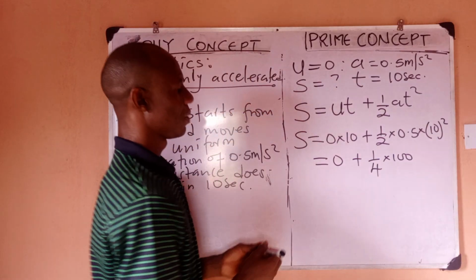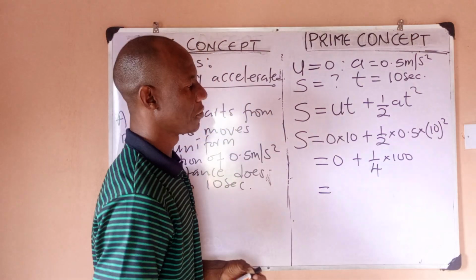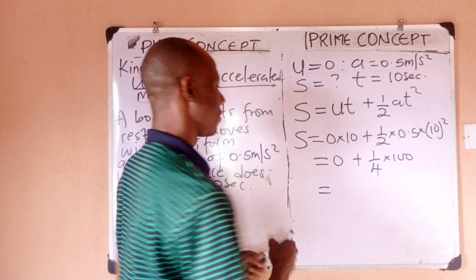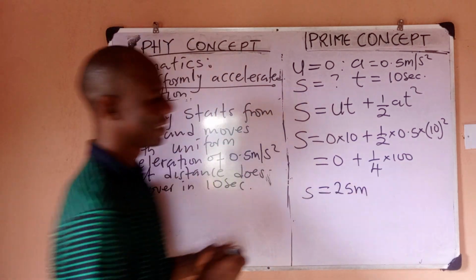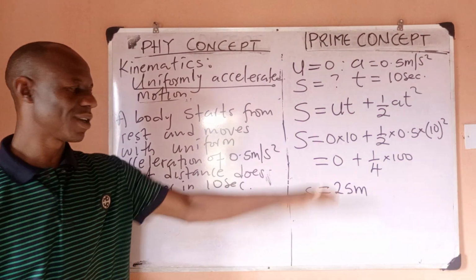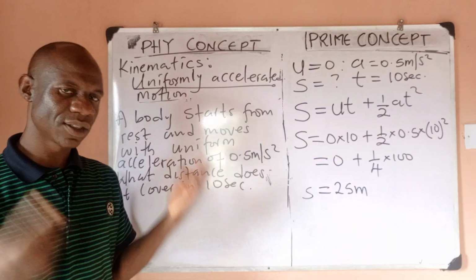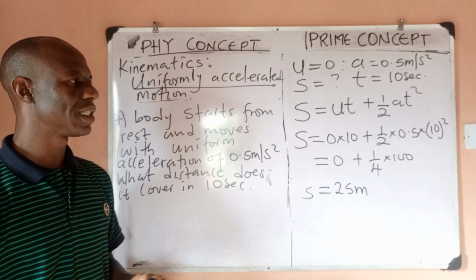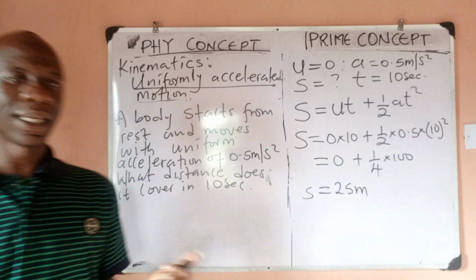So this is simply going to be 25. So this is going to be 25 meters. So our distance that is traveled is what? 25 meters. Is there a different way to solve this question? Of course, yes. We can solve this in a different way. Yes. Now let's quickly take another approach.